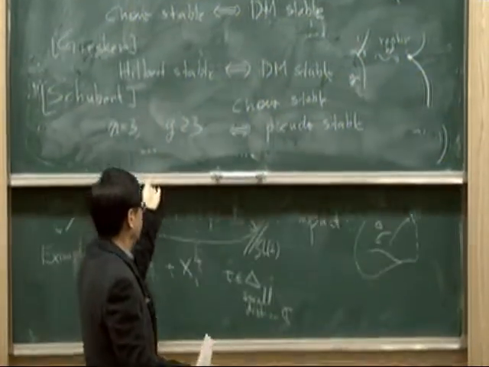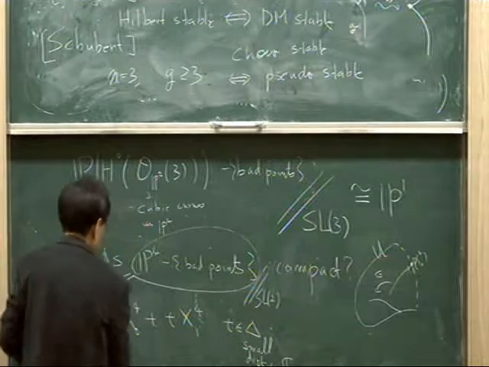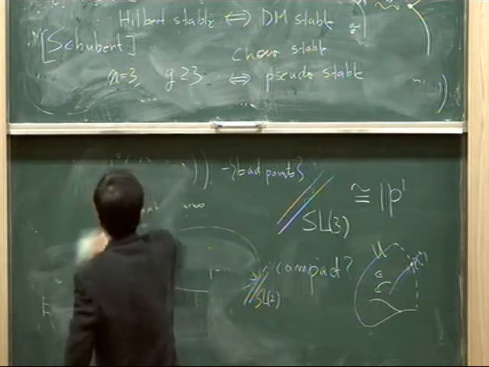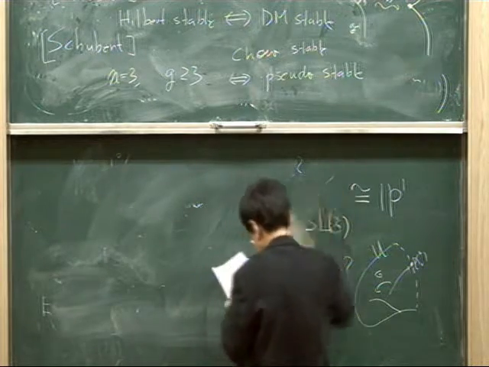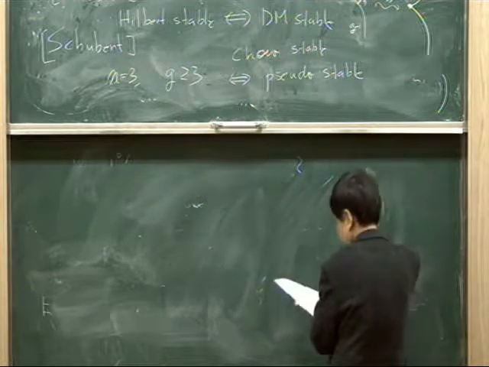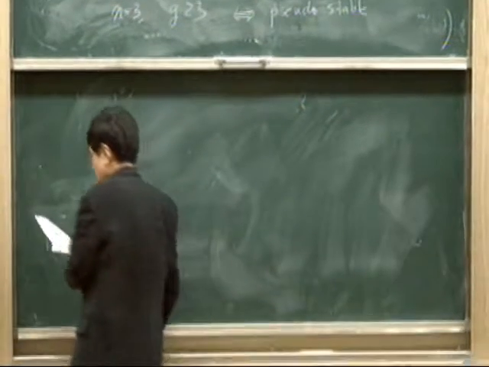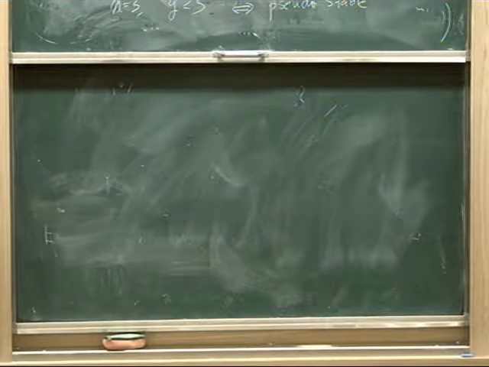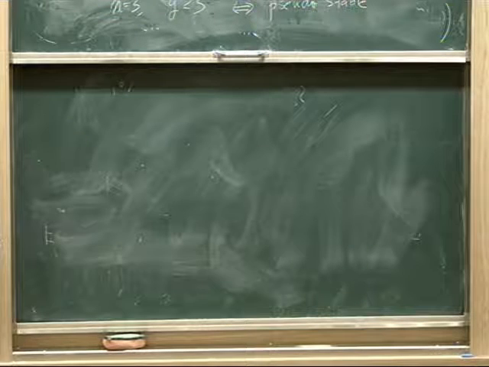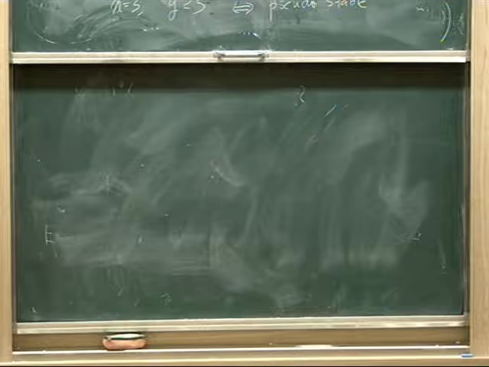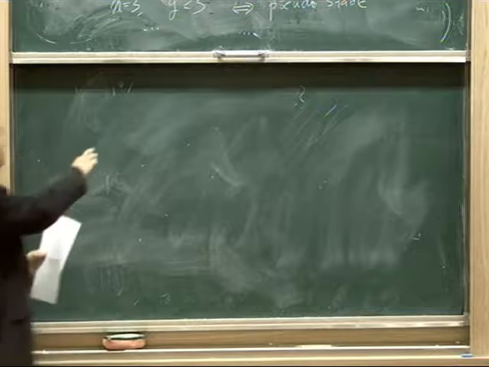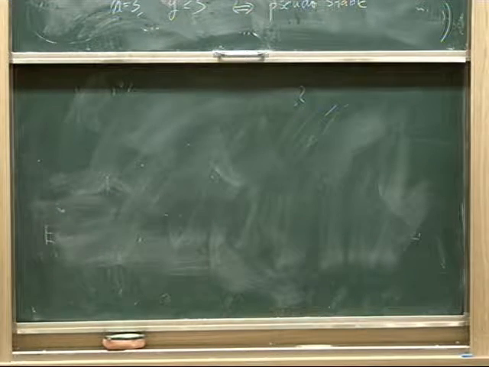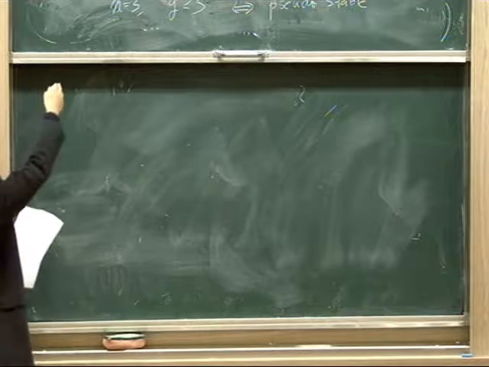He did not consider the genus 2 case, and I studied with Professor Hyun during my postdoc, and we also classified the g equals 2 case, but here still n equals 3.